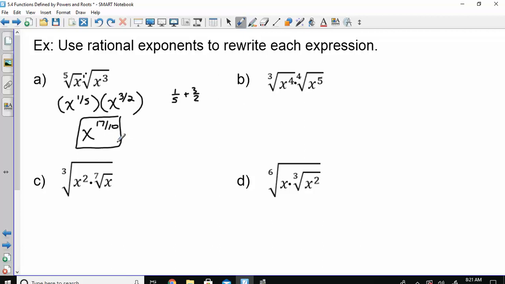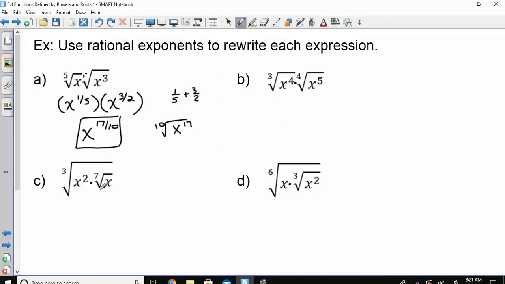So my answer is x to the 17/10 power. You could certainly, if I asked you to write it as a radical, I didn't in the directions, but if I did, what would you put? Perfect. So either way.